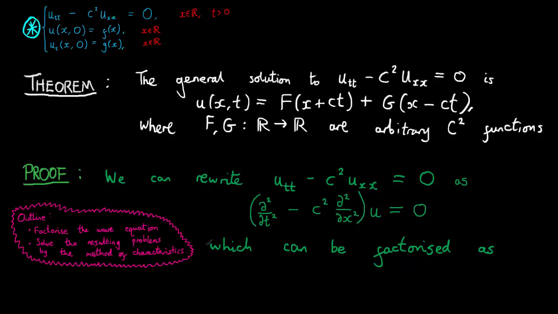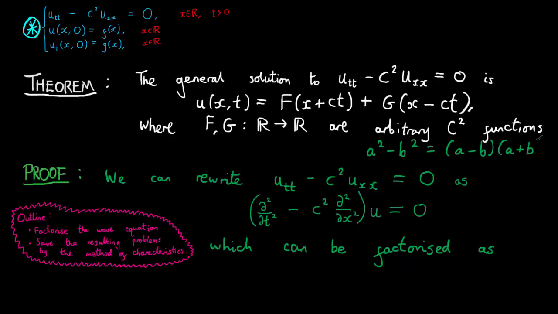And then the next step to do is to factorise that operator. Now, if you look at that operator, you can see that there are lots of squares all over the place, and there's a minus sign, so it looks like it's the difference of two squares. So we know how to factorise the difference of two squares in general algebra, because if we have something like a squared minus b squared, then we can write that as a minus b times a plus b.